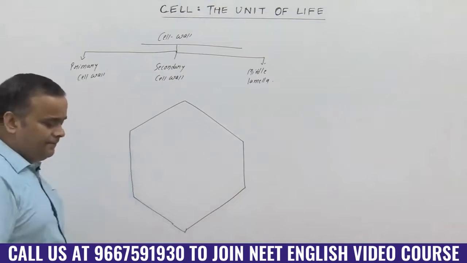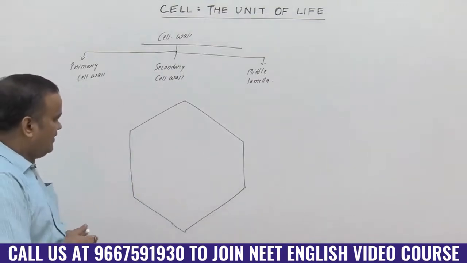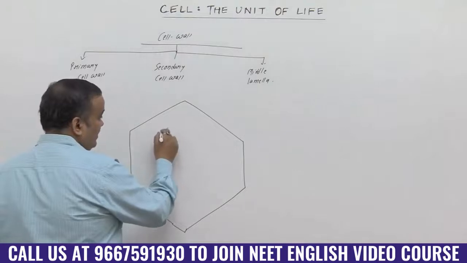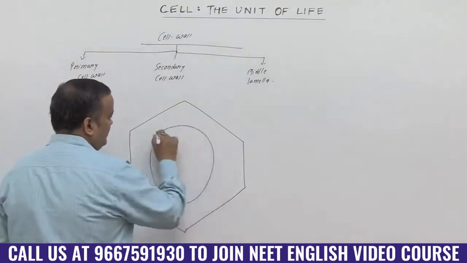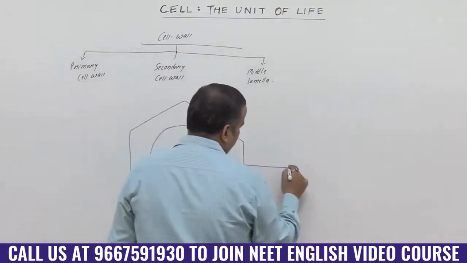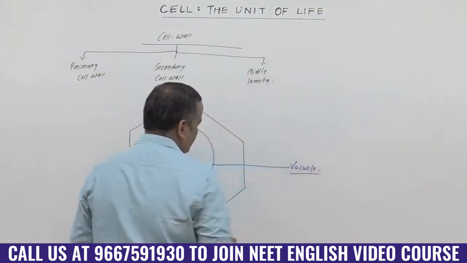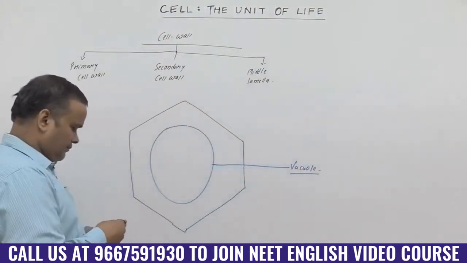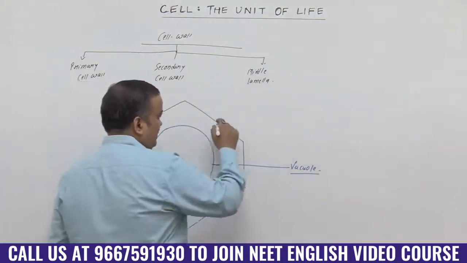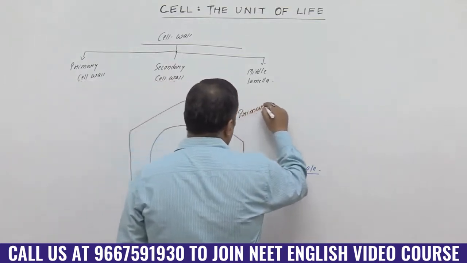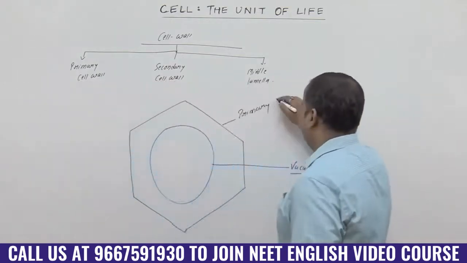Suppose this is a cell. In plant cell, we have a large central vacuole. So this is your vacuole. Now, this is your primary cell wall.